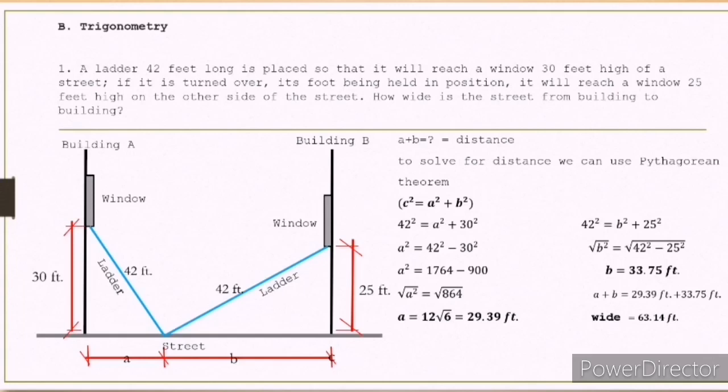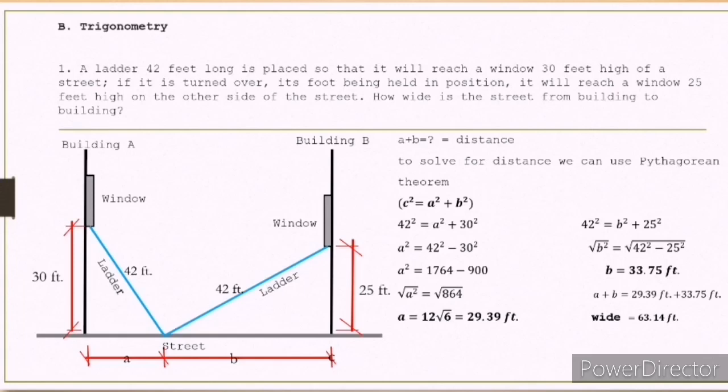B squared: the square root of b squared is equal to the square root of 42 squared minus 25 squared. Then b is equal to 33.75 feet.